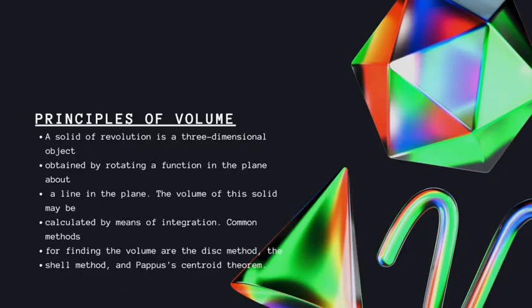Principles of volume: a solid of revolution is a three-dimensional object obtained by rotating a function in the plane about a line in the plane. The volume of this solid may be calculated by means of integration. Common methods for finding the volume are the disk method, the shell method, and Pappus's centroid theorem.